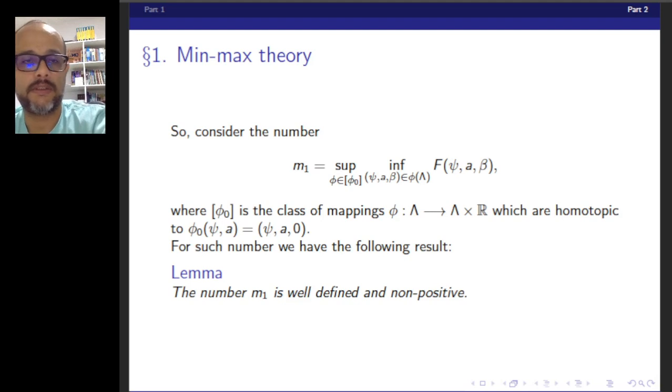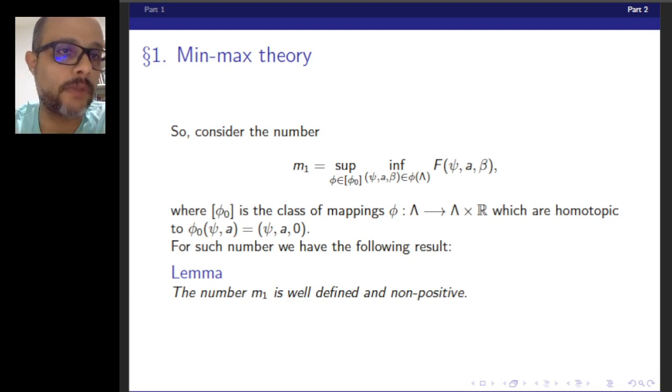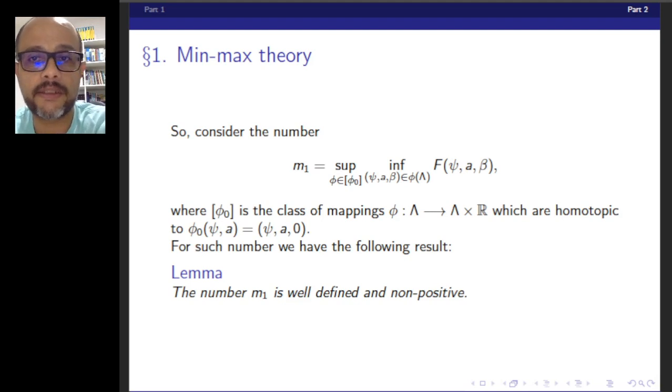These two things are interesting for us because, in general, in the theory of minimax, the infimum of a sup, or a sup of an infimum, in general is a critical point. So this guy here, m1, is a candidate to be a critical point for the function f. So such number is well defined. We'll use it later. Let's continue the talk.